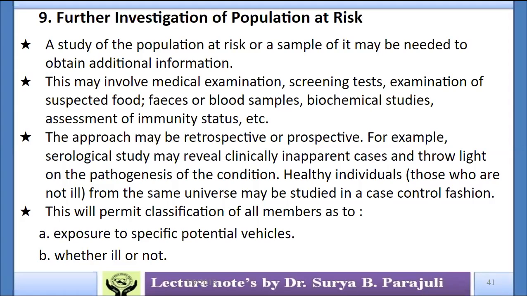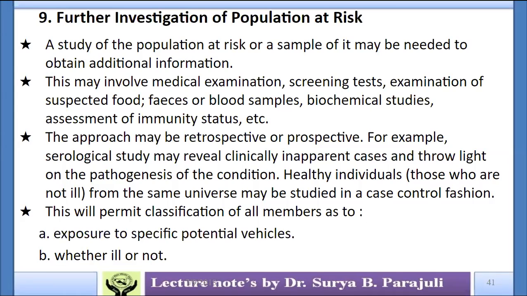It's not possible to reach every individual, every household, or every family, or our community members. For that, you need to go for scientific sampling methods, and you need to sample in such a way that it will represent the entire population, and your final result or inference may be applicable, because in the definition of epidemiology, you need to identify all the factors, you try to diagnose and implement the useful methods to control that particular problem.